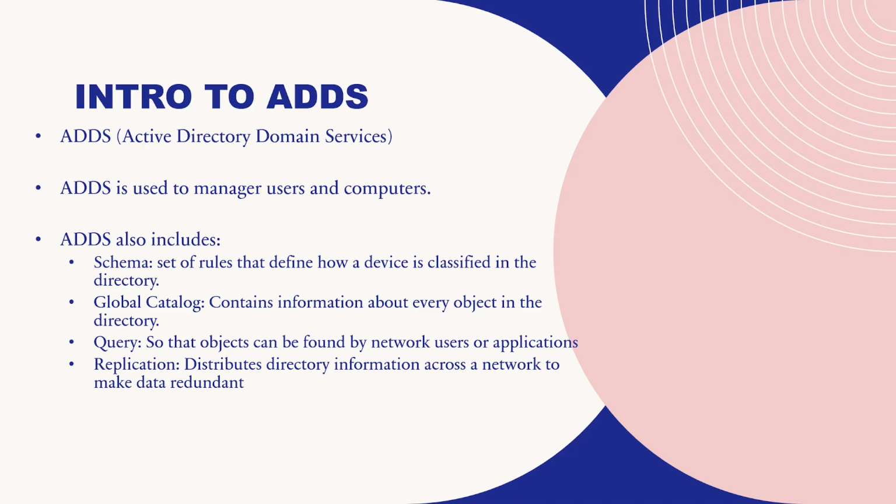Because if one site goes down, which is the main site, other sites will lose connectivity to the server, they will lose all the information. So it is good to have multiple domain controllers throughout different sites so that it is redundant and people can still access it.